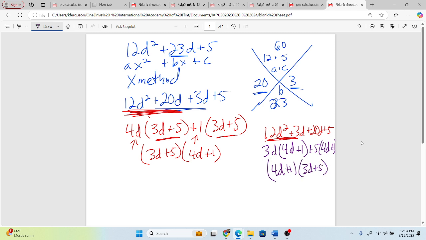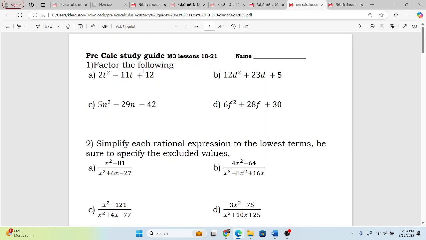So either way will work just fine. It doesn't matter which order you put these in, just as long as you make sure your signs are correct. Because sometimes one of these numbers is negative and one of them is positive, and you want to make sure that that's right.